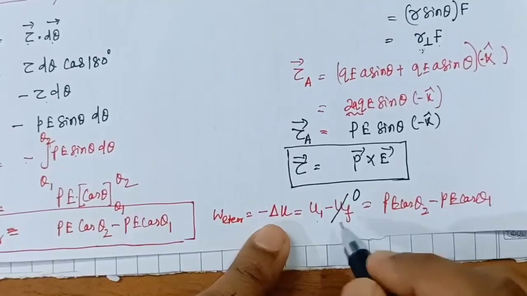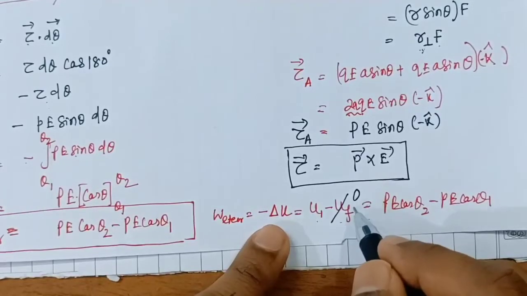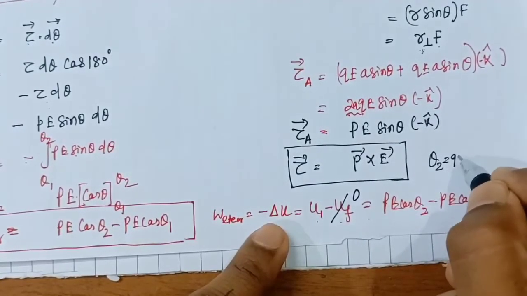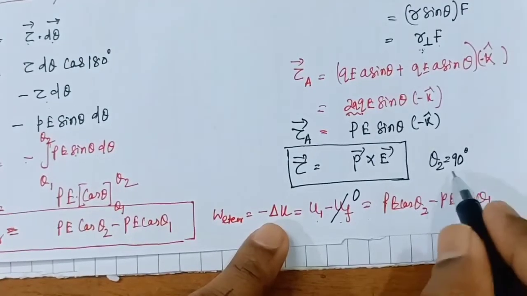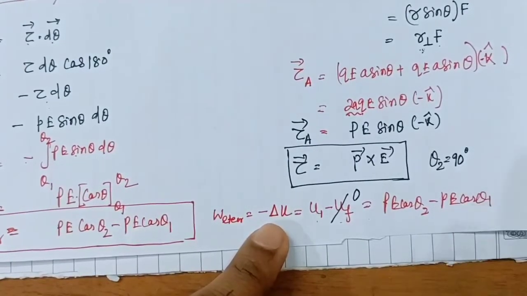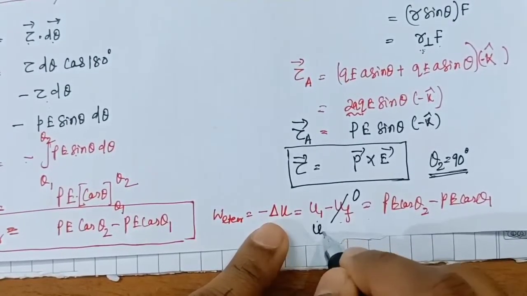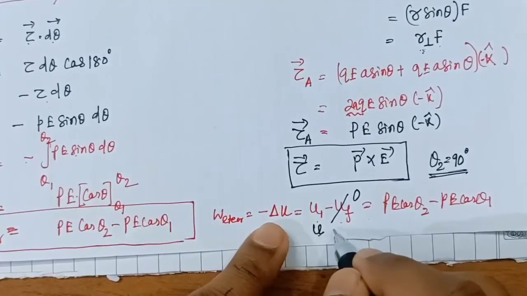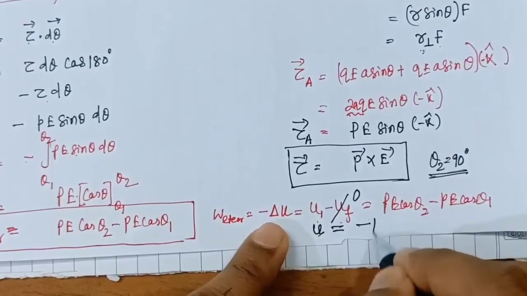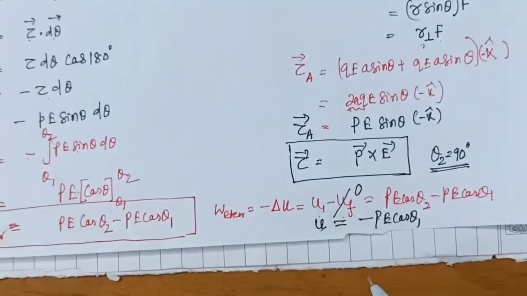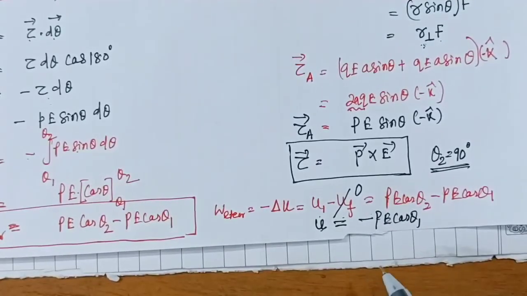Similarly, if I assume U final is 0, I must consider that theta 2 is 90 degrees, the dipole at 90 degrees as the base. So in that case the potential energy is nothing but minus pE cos theta 1. Potential energy can be written as minus pE cos theta 1. This is a very important thing.